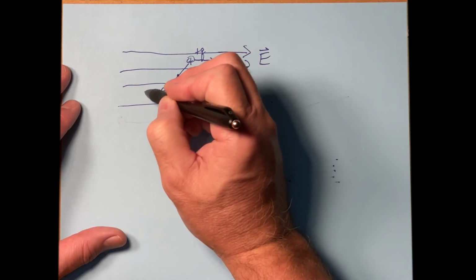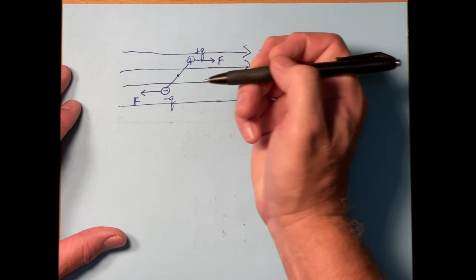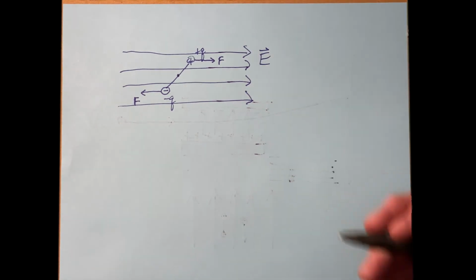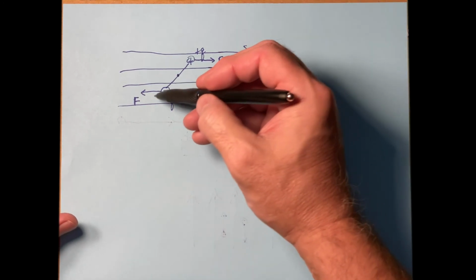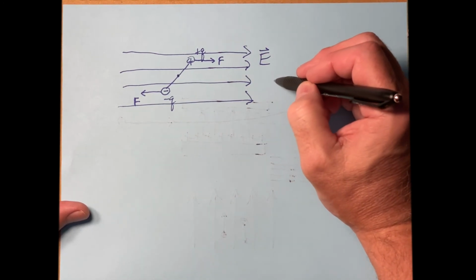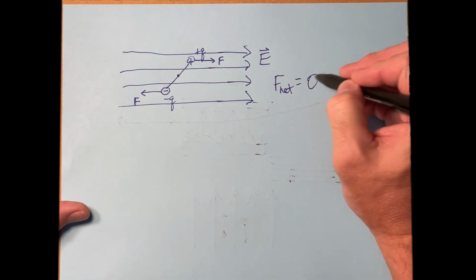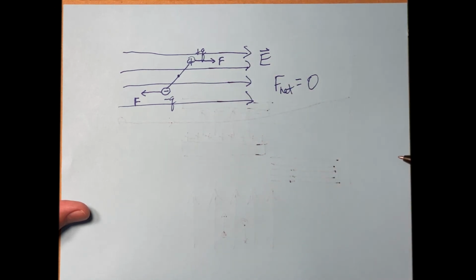And the negative charge wants to move in that direction, and that is going to be also the same force as what is on the positive charge up there. Now, you'll see that those two forces are in opposite directions. That indicates that those two forces are going to cancel each other. So there is a net force of 0 acting upon the dipole when it's in the electric field.